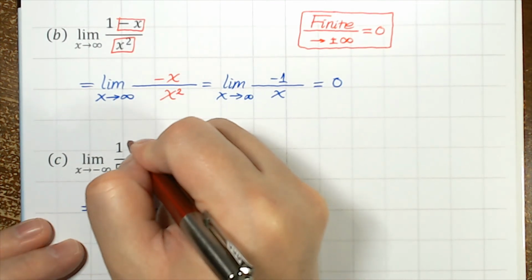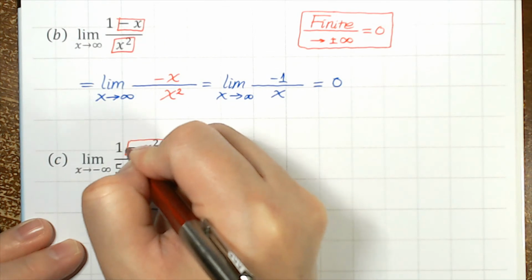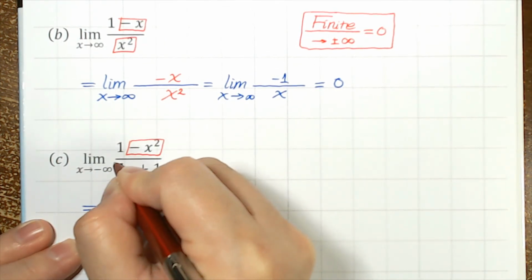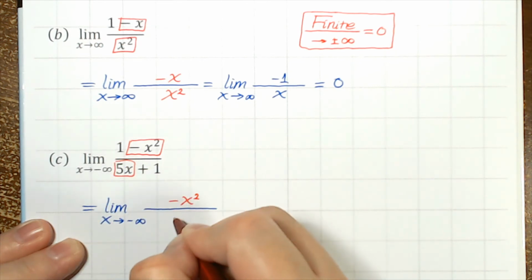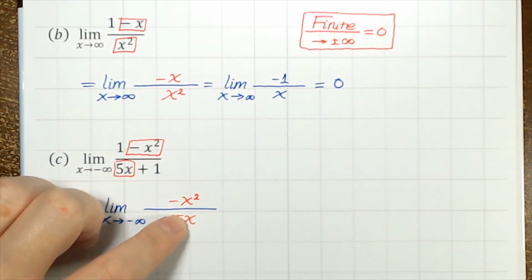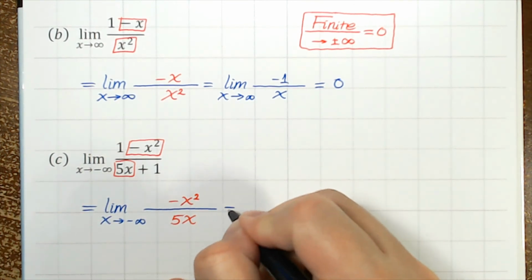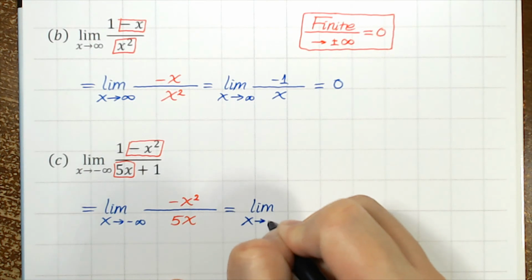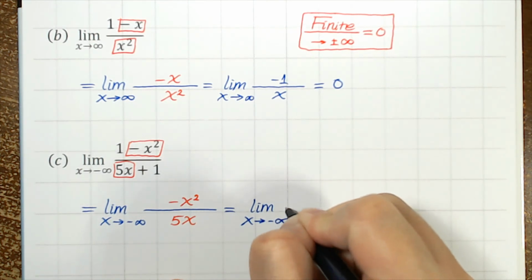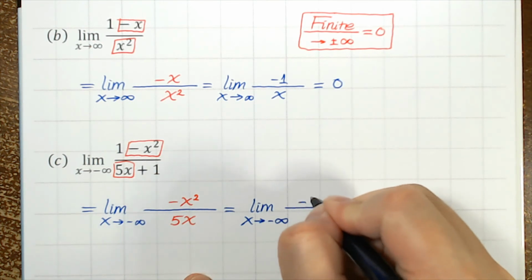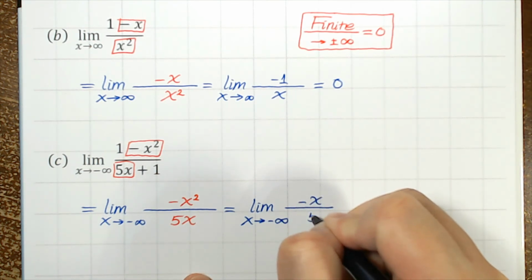So highest power on the top with the sign, and highest power at the bottom. x squared and x cancel out, when x goes to negative infinity, we have negative x over 5.